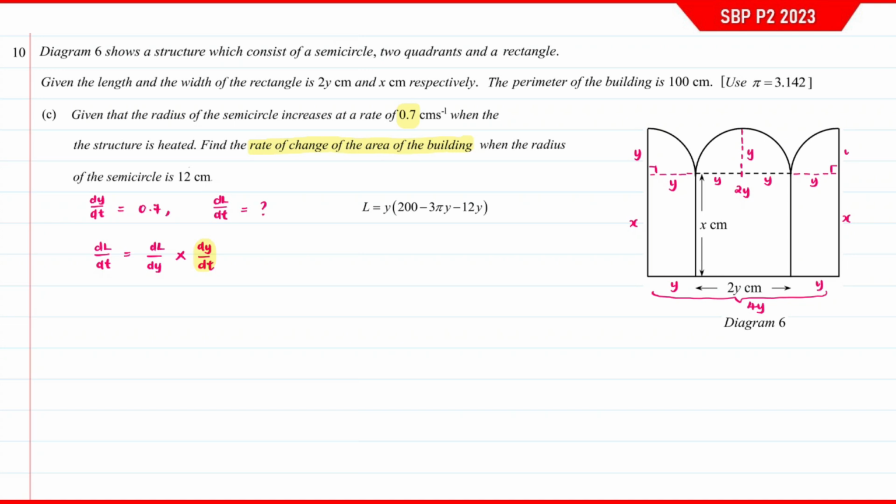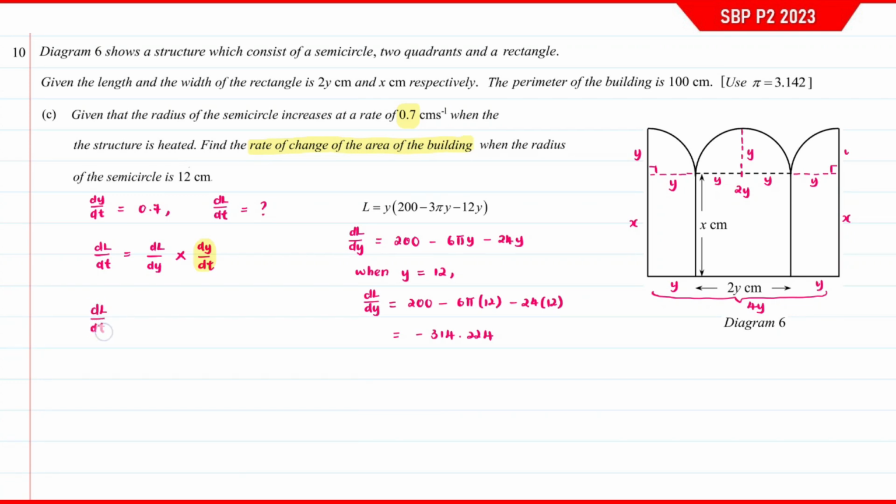So we already have the information of dy/dt. Next, we need to find the dL/dy. In question 10b, we already differentiated L with respect to y. So when the radius is equal to 12, which is the y, then dL/dy will be 200 minus 6 pi times 12 minus 24 times 12, which is equal to negative 314.224.